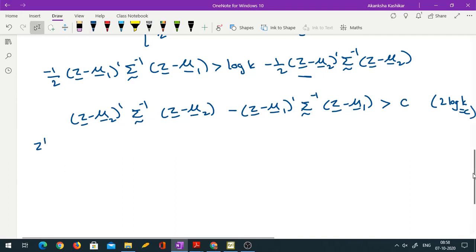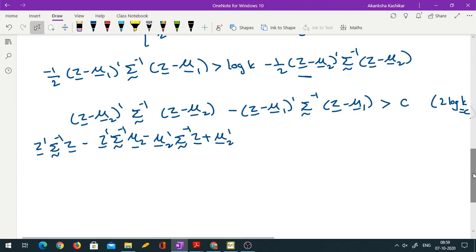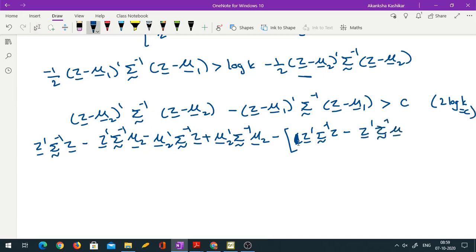Let me try to see if I can cancel a few terms or combine a few terms. So we have Z prime sigma inverse Z minus Z prime sigma inverse mu2 minus mu2 prime sigma inverse Z plus mu2 prime sigma inverse mu2 coming from this first expansion, then minus Z prime sigma inverse Z minus Z prime sigma inverse mu1 minus mu1 prime sigma inverse Z plus mu1 prime sigma inverse mu1.